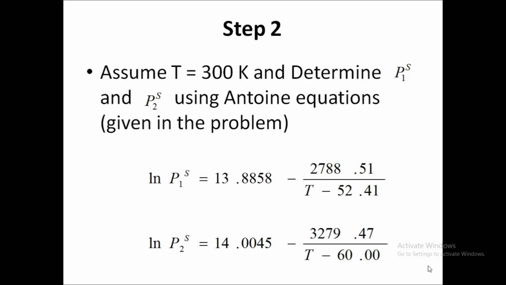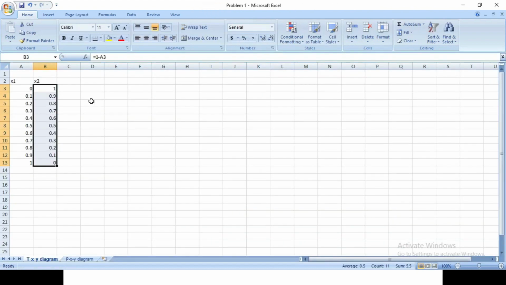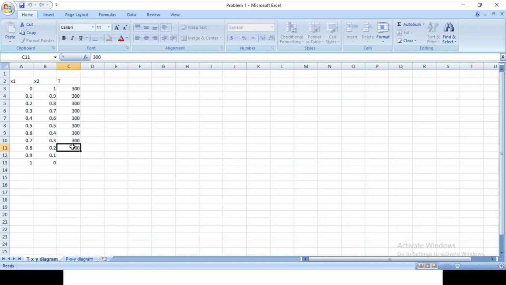In step number 2, assume T equal to 300 Kelvin and determine P1s and P2s using the Antoine equation given in the problem. Assume T as 300 Kelvin for the entire mole fraction range, and determine P1s and P2s.